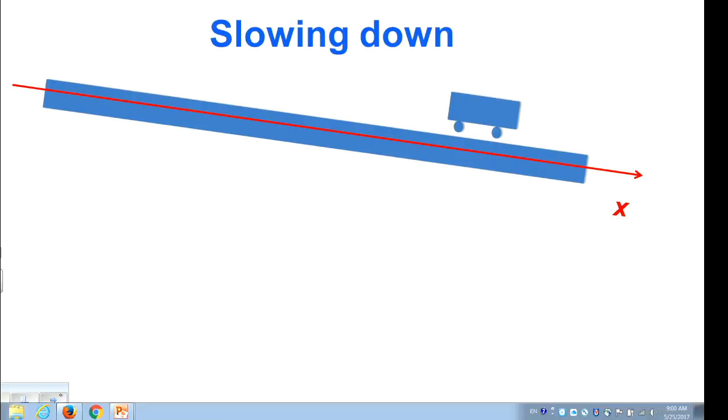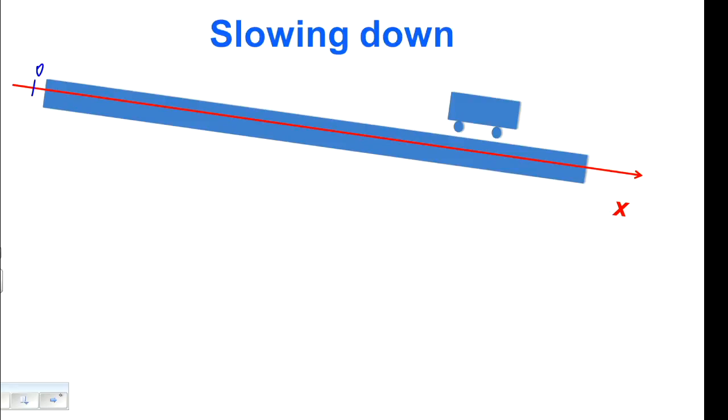Slowing down. So let's say this is the origin. We pushed it up, so initial velocity points up. And over time, it's still moving up, but slower and slower. So in a second, velocity will have smaller magnitude, and eventually it stops at a certain point.